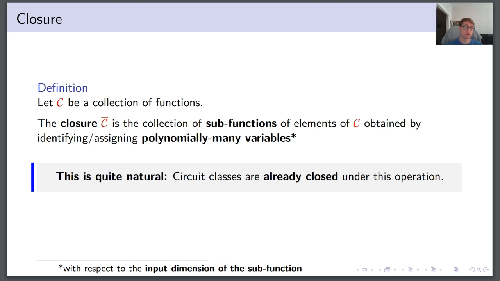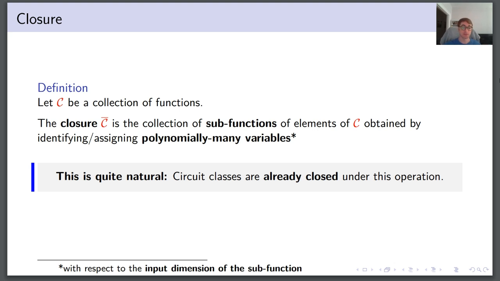So with this, we define a closure operation. Given a collection of functions C, the closure C bar is the collection of subfunctions of elements of C obtained by identifying or assigning polynomially many variables.